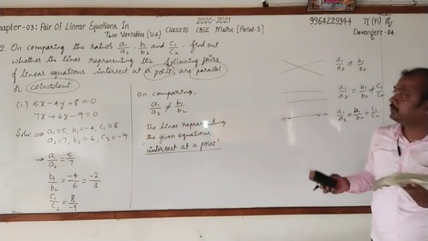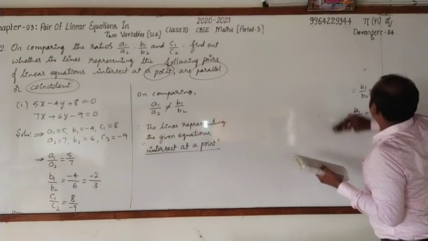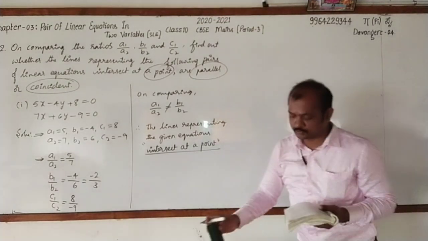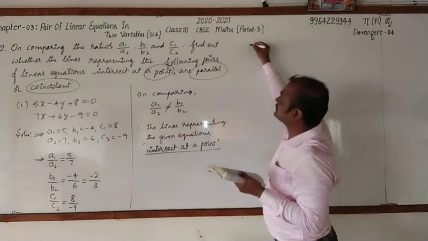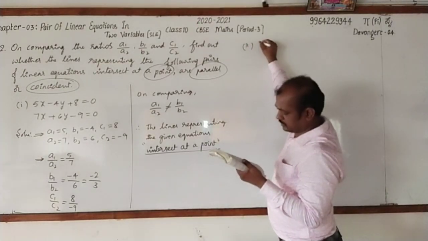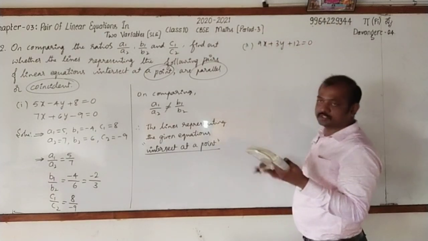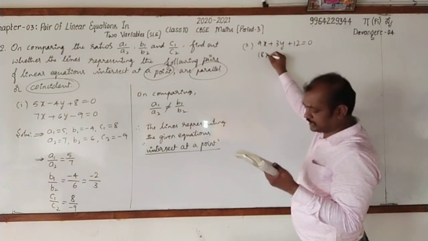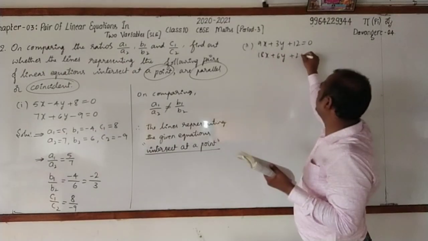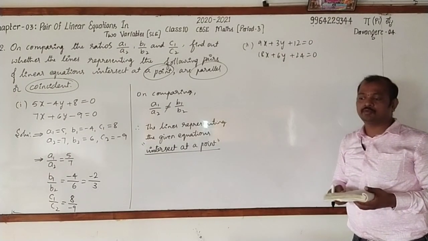Second sub question. Here again it is from the NCERT text only. Second one is like this: 9x plus 3y plus 12 equal to 0, then 18x plus 6y plus 24 equal to 0.